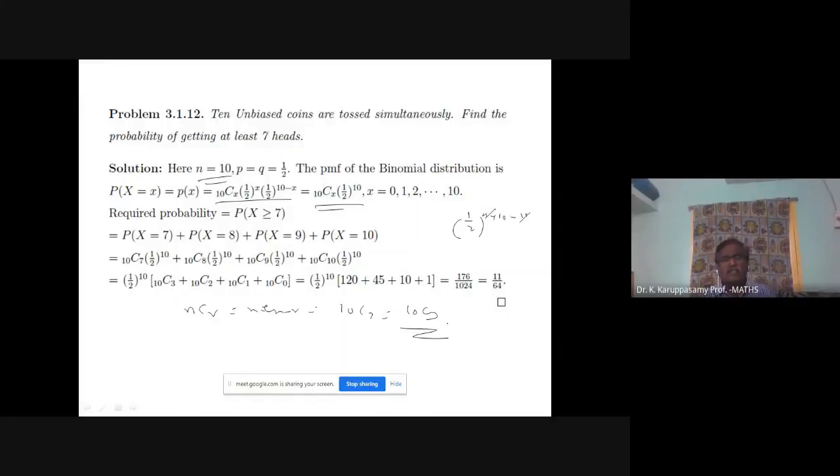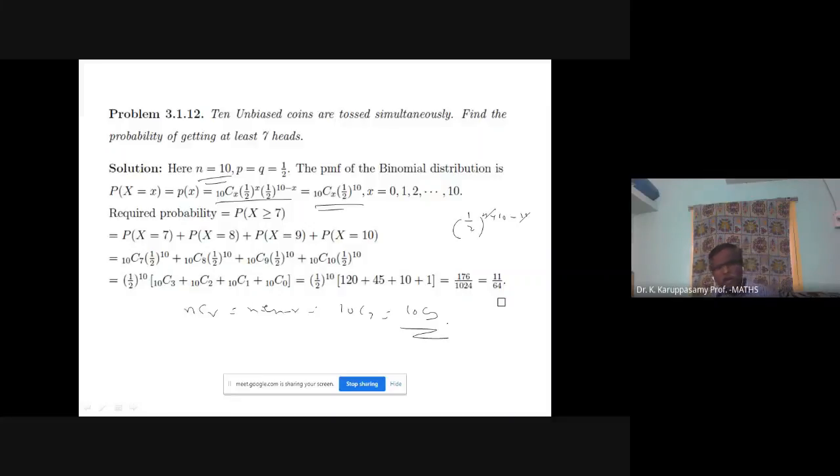It's also correct. 10C7 and 10C3 both are the same. 10C8 is the same as 10C2. After taking 1/2 power 10 common factor, you simplify the 10C3, 10C2, 10C1, 10C0 values.